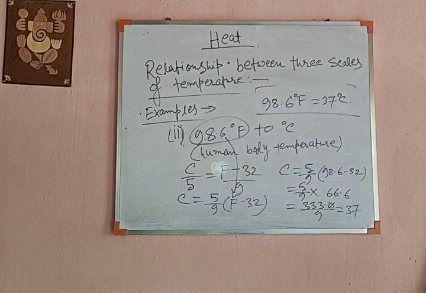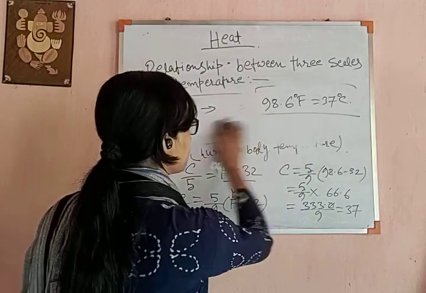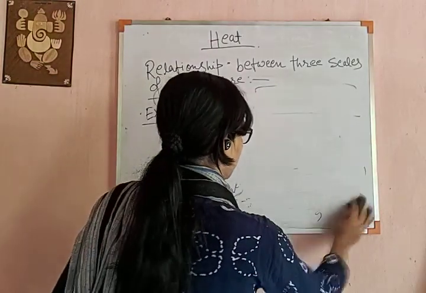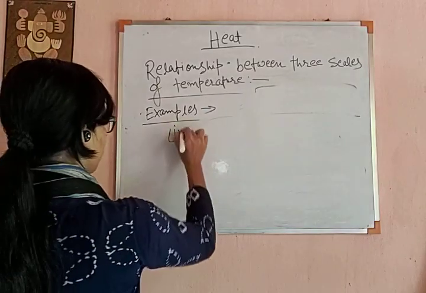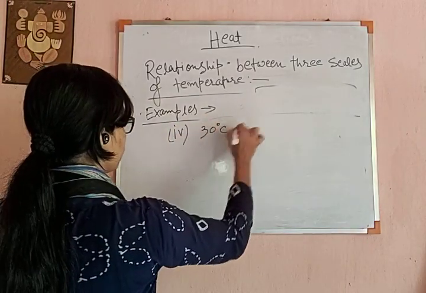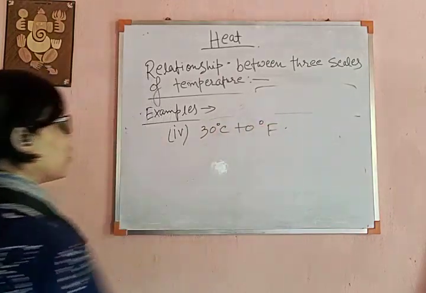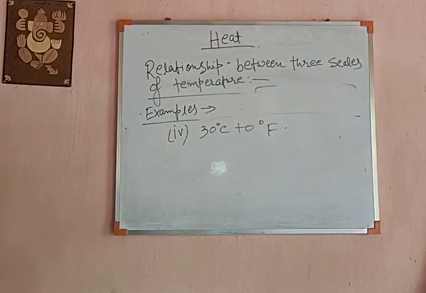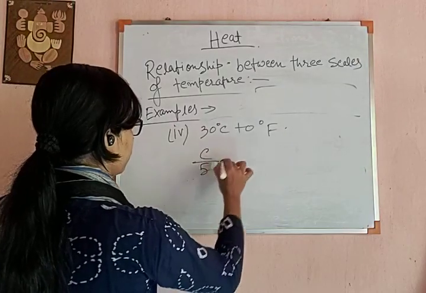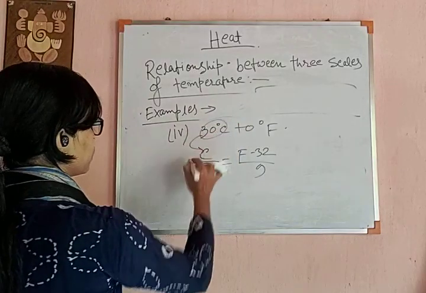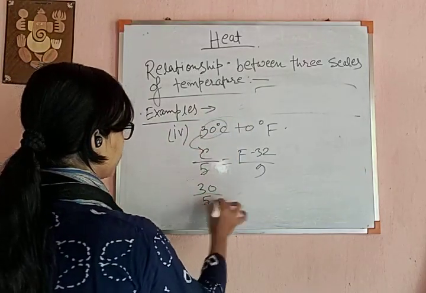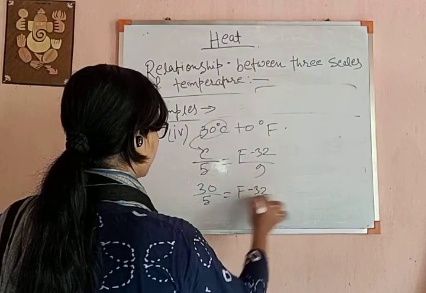And the last example is how to convert 30 degrees Celsius to degree Fahrenheit. Same method, just you have to calculate correctly. So C by 5 equal to F minus 32 by 9. So putting 30 here, 30 by 5 equal to F minus 32 by 9.